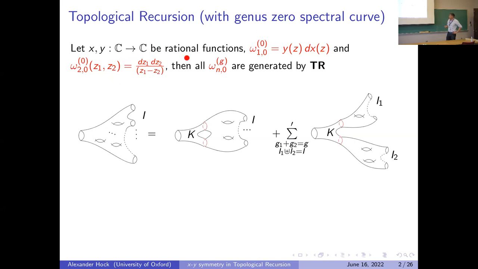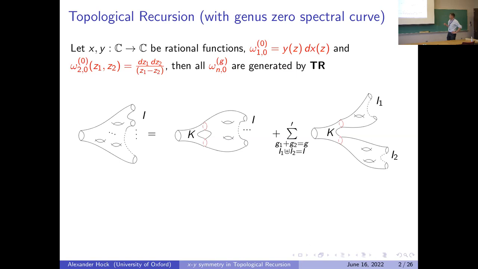And I build my omega 0, 1, 0. This notation is different from the usual notation you find in topological recursion on Wikipedia, for instance. So I denote the superscript as the genus and the first subscript as the number of points or the number of boundaries of my surface.